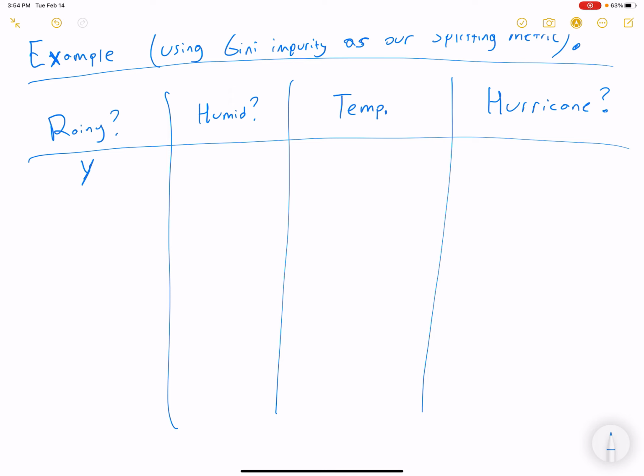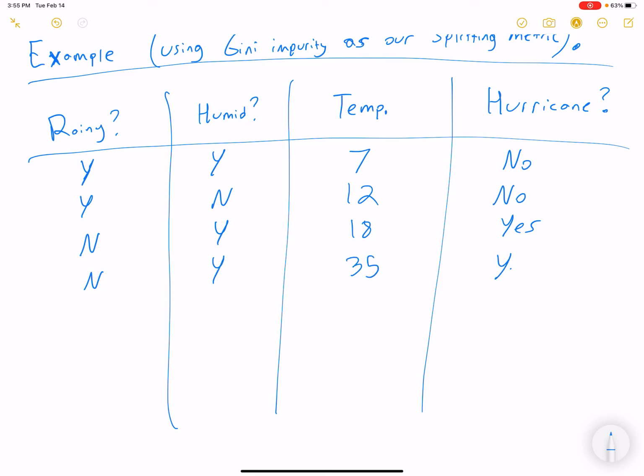So Y means yes. So we might have one data point, yes, yes, 7, not a hurricane. Yes, no, 12. And the temperature is in abstract units, by the way. No, yes, 18. No, yes, 35.